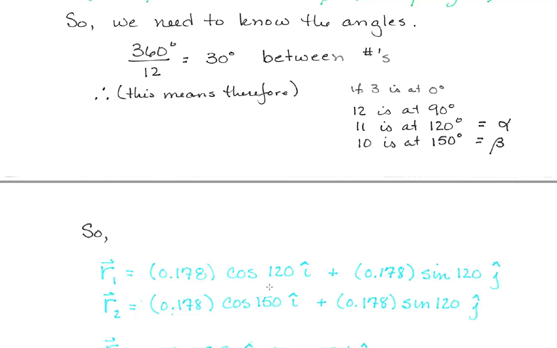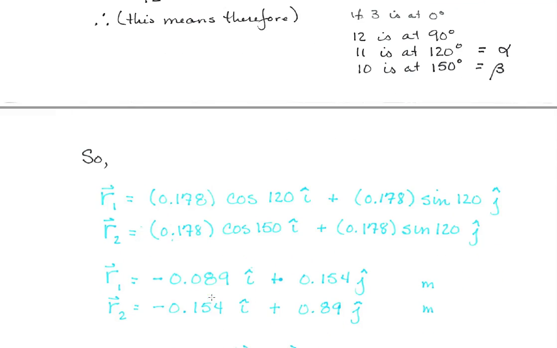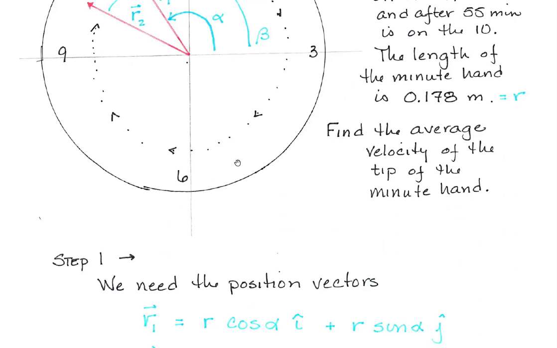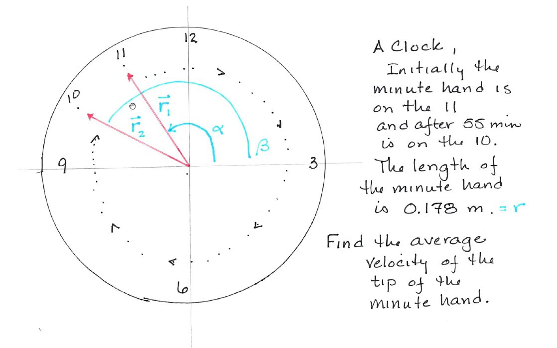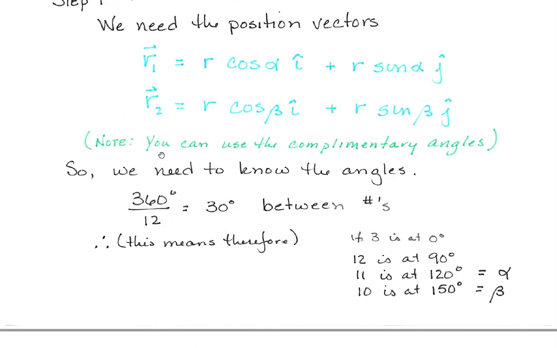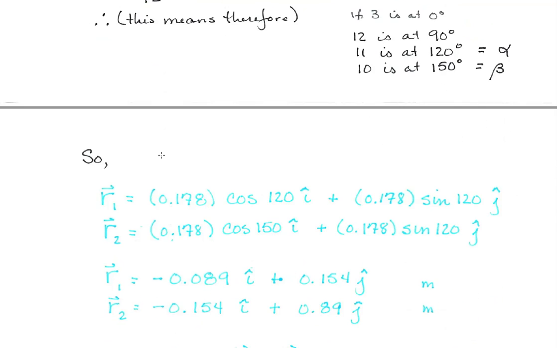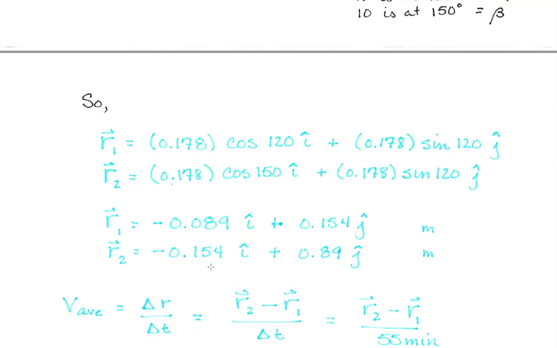And we know it has the cosine of 120 degrees and the sine of 120 degrees. And now when we actually do those calculations, we get a negative in the x direction, which is what we certainly hope for, because in this coordinate system the x is going to be negative up here and y is going to be positive.